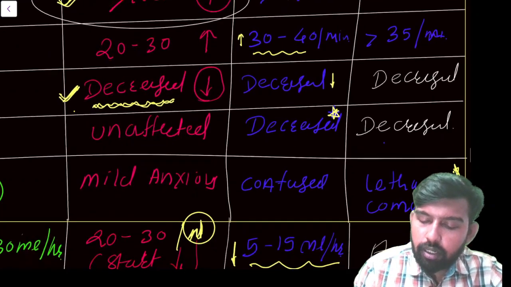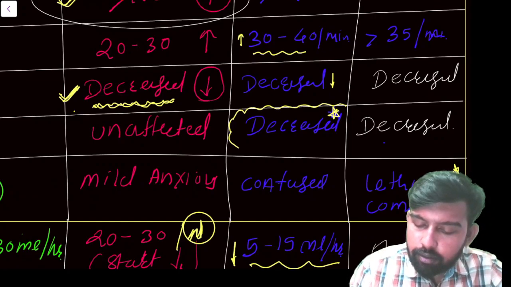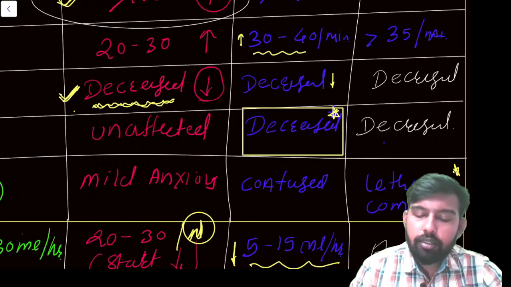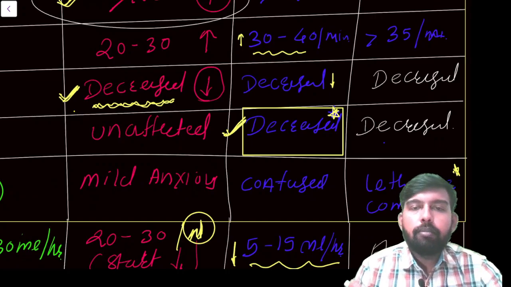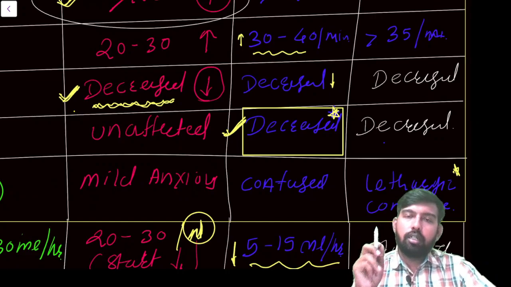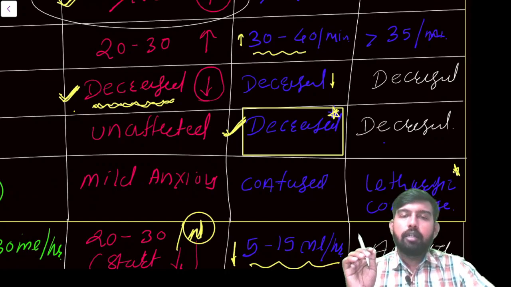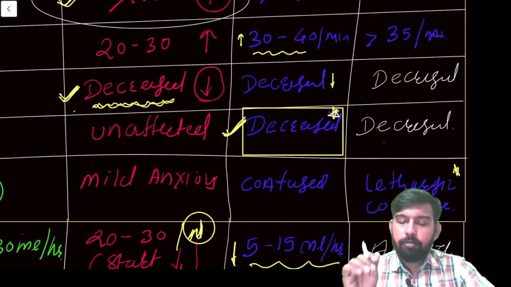The most important parameter to remember in class 3 shock is the decrease in blood pressure. So the first time blood pressure is decreased is in class 3 shock. The compensatory mechanism has been lost and there is a decreased systolic blood pressure.